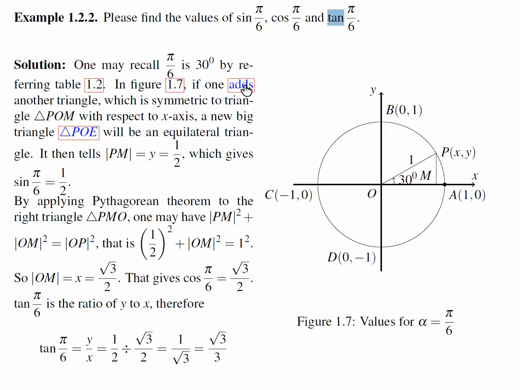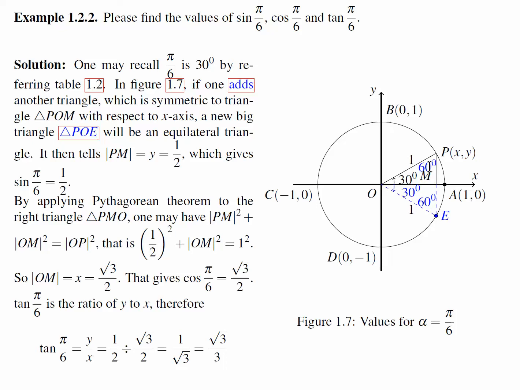If you click on this X, you will see that if this angle is 30 degrees, then the symmetric triangle here will also have a 30 degree angle. Then it gives us the other two angles, which will be 60 degrees.